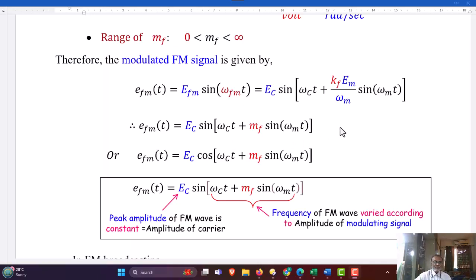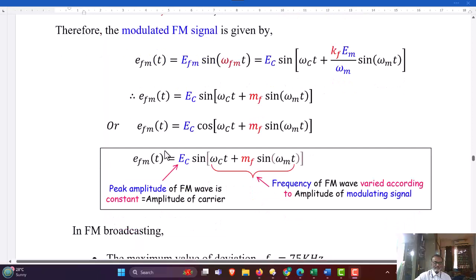And we here observe that by changing the modulation index, you will see there is a change of bracketed term. That is nothing but the frequency of overall modulating signal. And the rate of change of frequency of the modulating signal is also a function of omega m, that is the frequency of modulating signal.